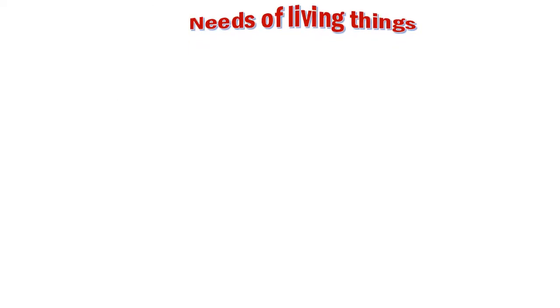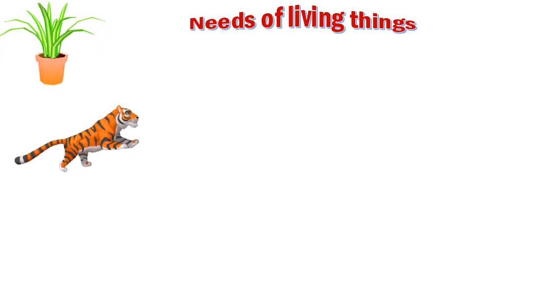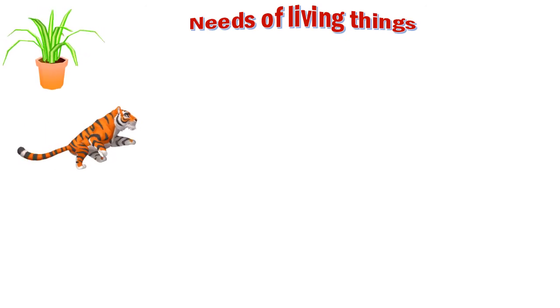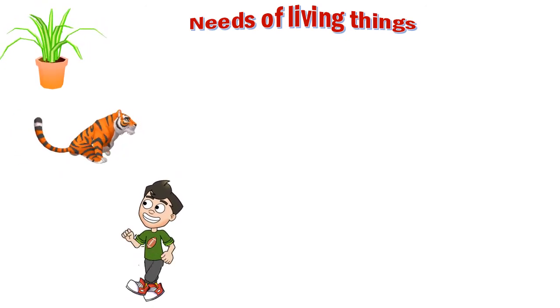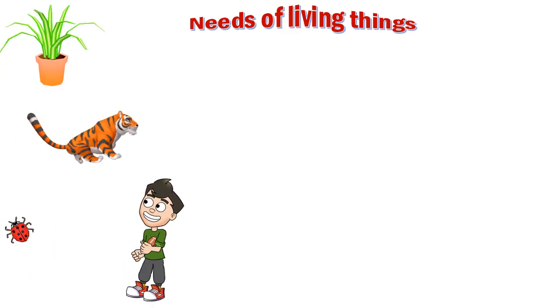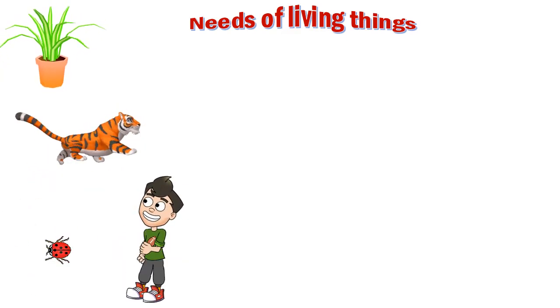Now it's time we go over the needs of living things. So what do we see here? Yes, it's a plant. Very good. We can also see a tiger. What do we see here? A little boy. What do we see also? A ladybug.